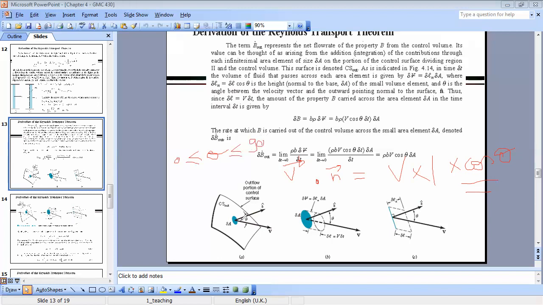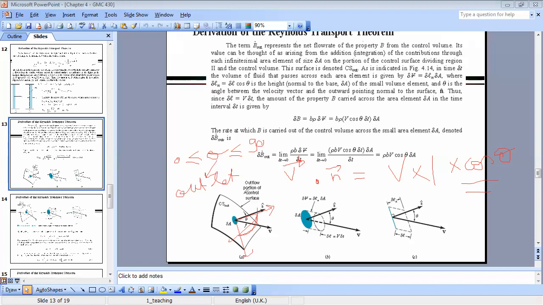Look, here, this is theta 0, and this is theta 90. For any theta between 0 and 90, this is an outlet, and the projection of the velocity vector on the n vector is positive.